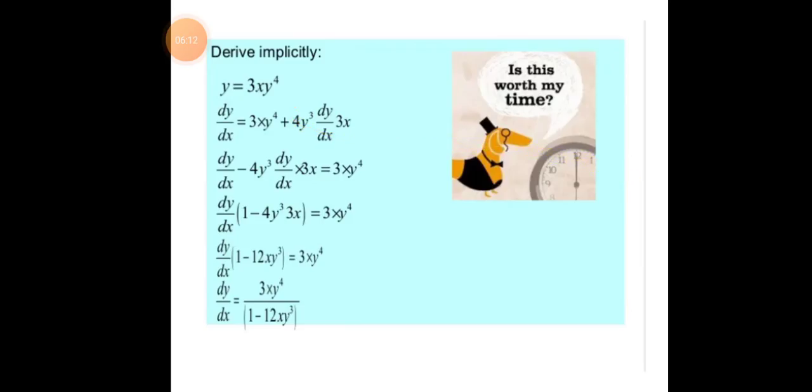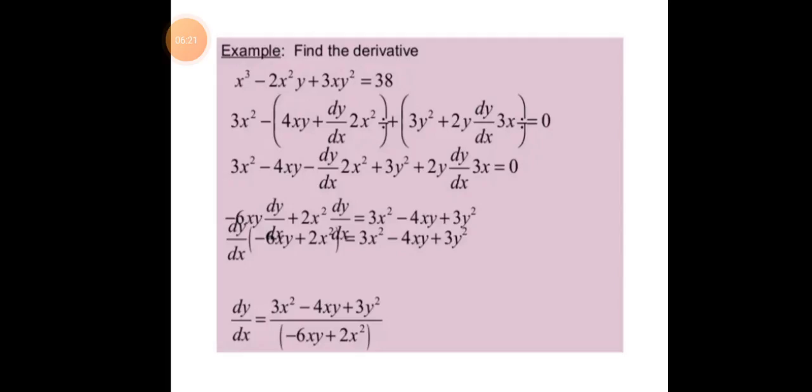So, you need to see this one. This is the solving. So, the answer is dy divided by dx equals 3x squared minus 4xy plus 3y squared, divided by negative 6xy plus 2x squared. So, this is the final answer.